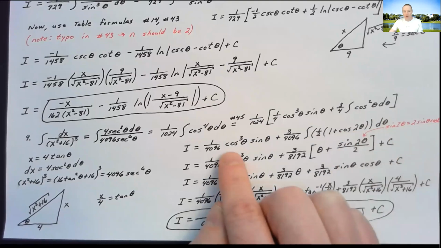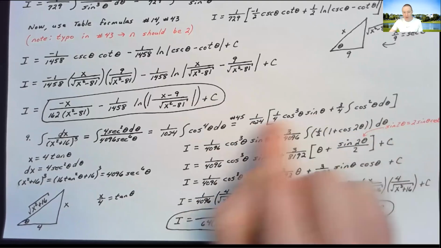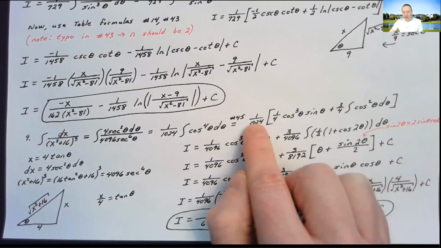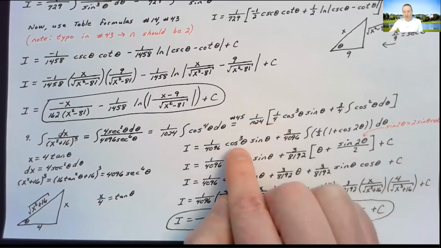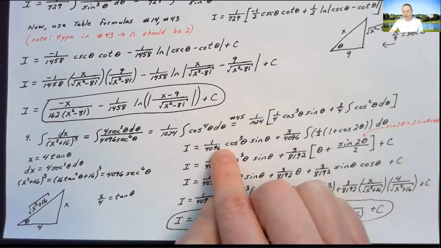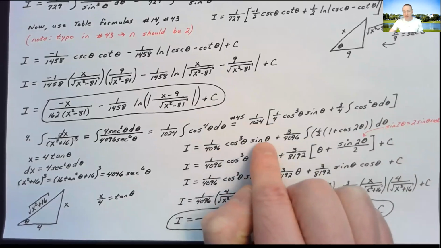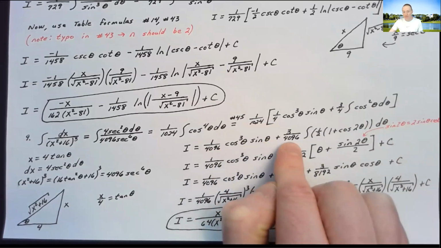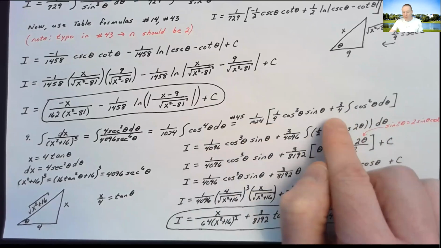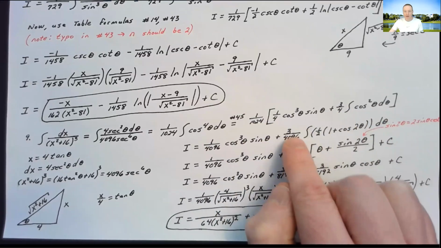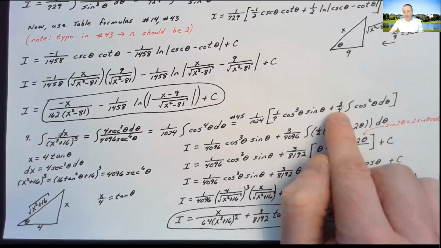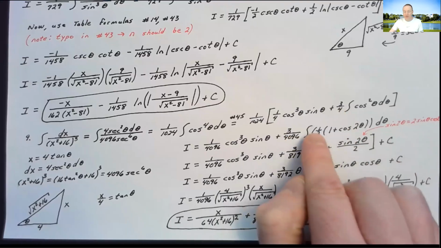Okay, so again, this first part is already done. I distributed 1 over 1,024 times 1/4 to get 1 over 4,096 cosine cubed sine, plus this 1/2 multiplied to the outside, and I already had a 3/4 out there. Actually, I left the 1/2 on the inside for now.